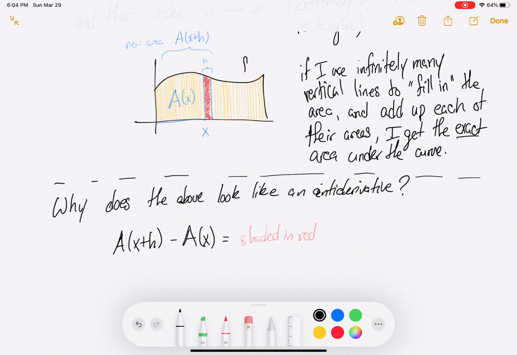I'm going to give my curve the name f of x still. The piece shaded in red has a height as a rectangle. It has a width of h, and it has a height of f of x. You could call it f of x plus h. You could call it some midpoint too. But the idea is we're going to push h really small.